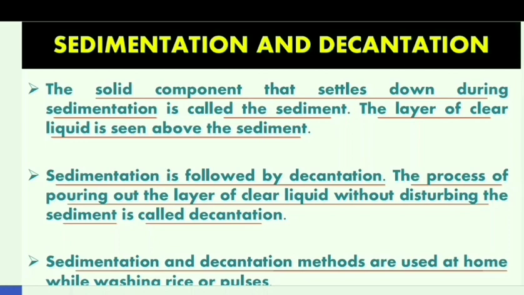You might have seen that when we add water to pulses, lighter impurities like dust and solid particles go in water and makes water muddy. Pulses, being the heavier components, settle at the bottom of the vessel. And this process of settling down of the pulses at the bottom of vessel is called sedimentation. And the water along with the impurities is removed. This process of removing water along with the impurities is decantation.